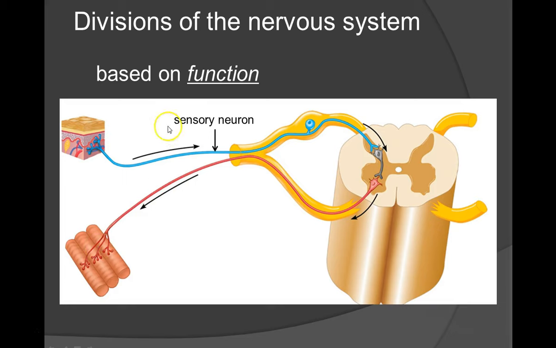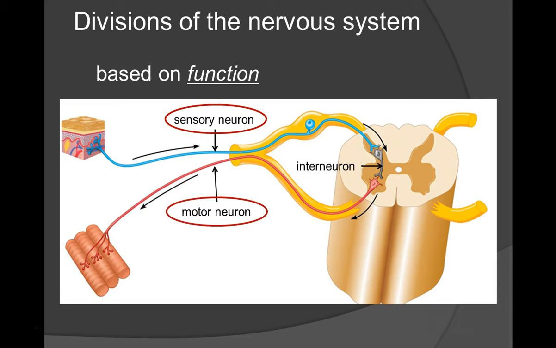So a sensory neuron brings that information on sensation in, and the motor neuron takes that command out that causes the response. So these are the two divisions, a sensory division and a motor division.